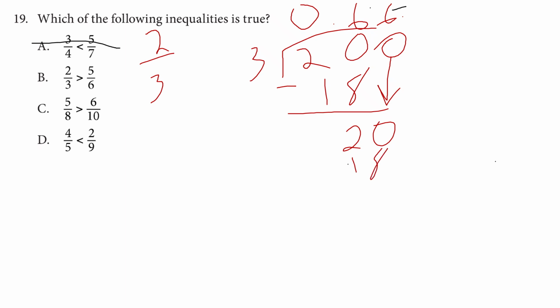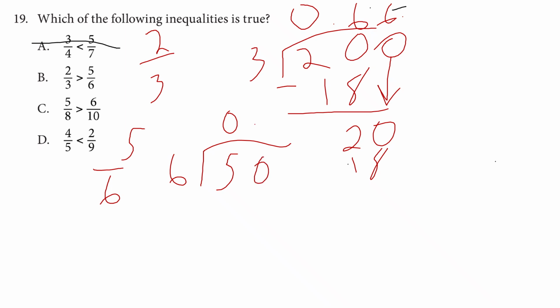All right, so let's do 5/6. I guess I could put it here. So 6 goes on the outside. Denominator goes on the outside, numerator goes on the inside. 6 can't go into 5, so we add a 0. We need to add a 0 here.